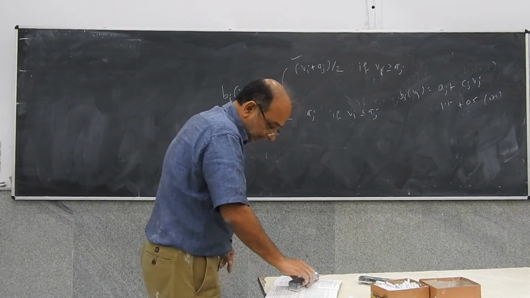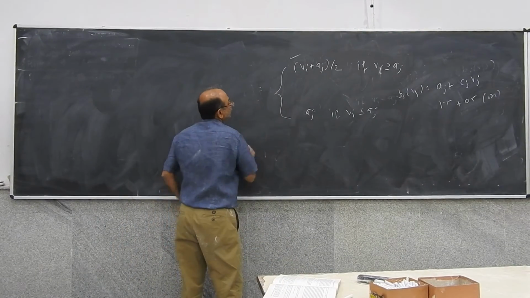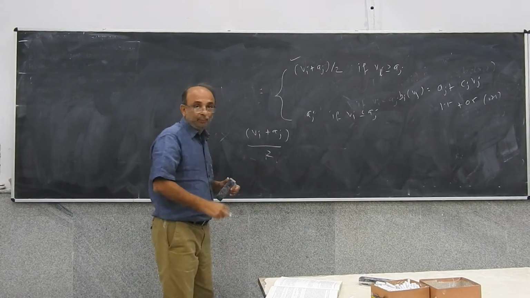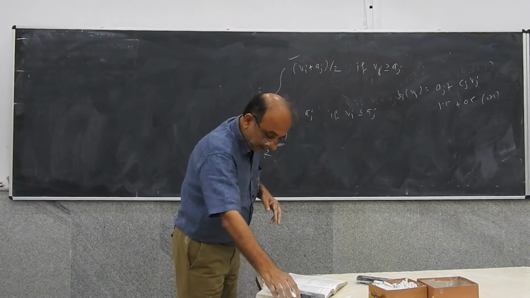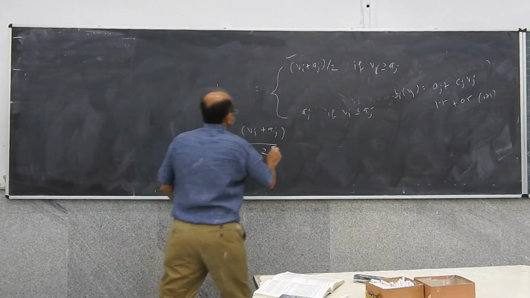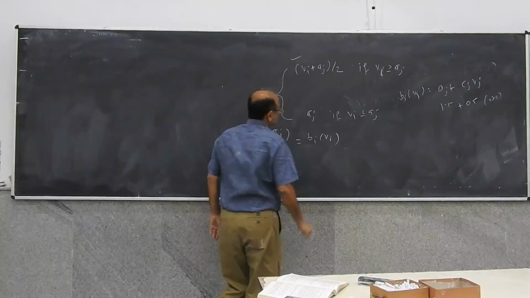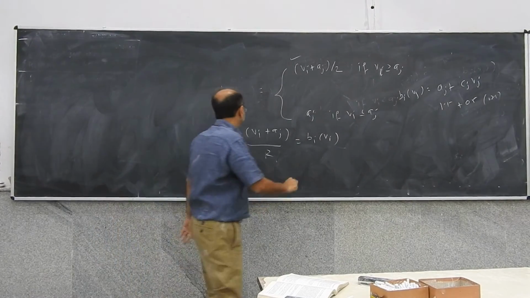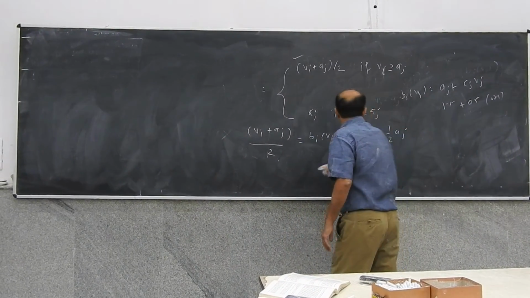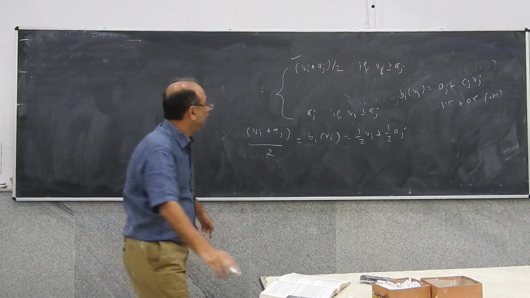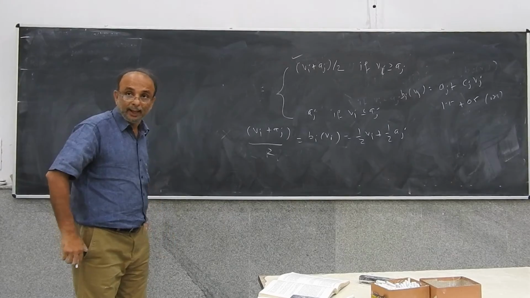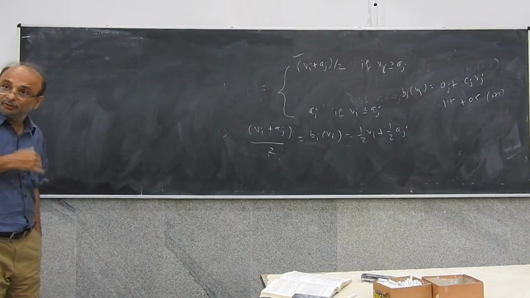So what we must have is (Vi plus Aj)/2. So this is 1/2 Vi plus 1/2 Aj. 1/2 Vi plus 1/2 Aj is the best response function for the ith player.